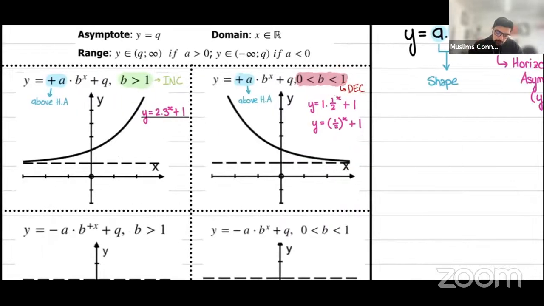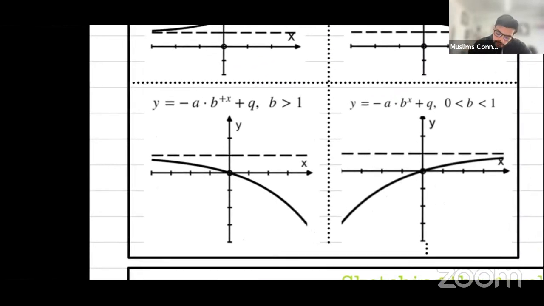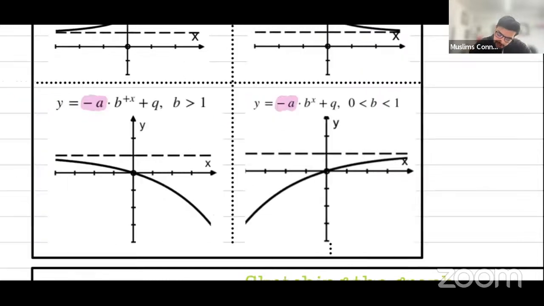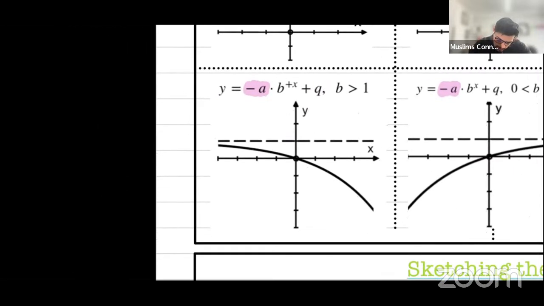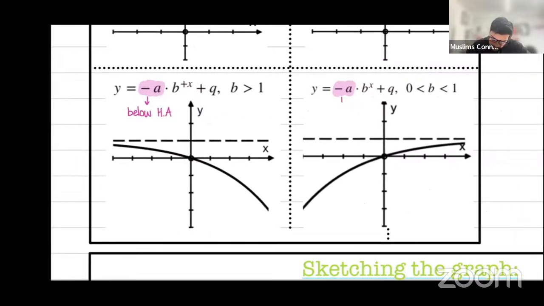Let's look at the next examples. Now, in this particular case, a is negative. So a being negative indicates what? A being negative indicates that the function is below the horizontal asymptote. And in both of these examples, we see that case. The function is below the horizontal asymptote.